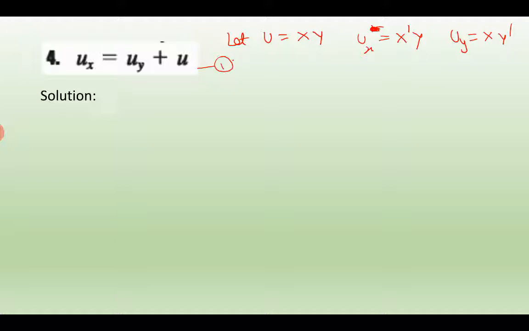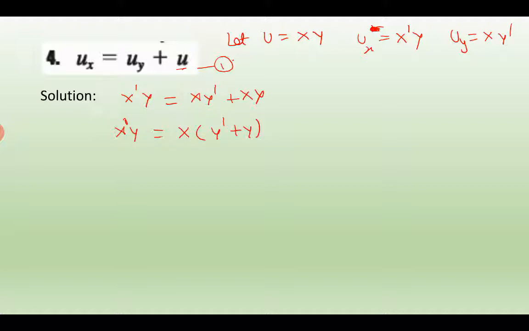What do you get? ux is x prime y, which is equal to uy, which is x y prime, plus u, which is xy. So x prime y on the left side, and x is taken as common from the right side, which gives y prime plus y.